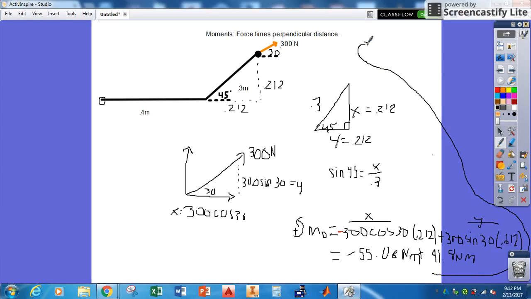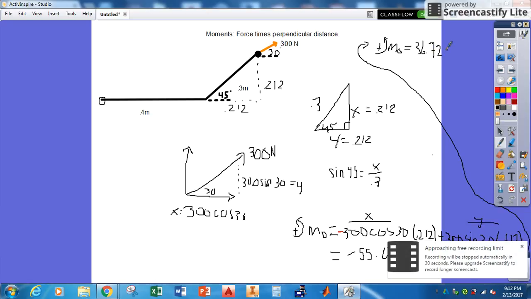I'm going to write it right here. We need to write which way is positive, which she showed us in class. The positive moment about O is going to be these two added up, which is 36.72 Newton meters in a positive direction.